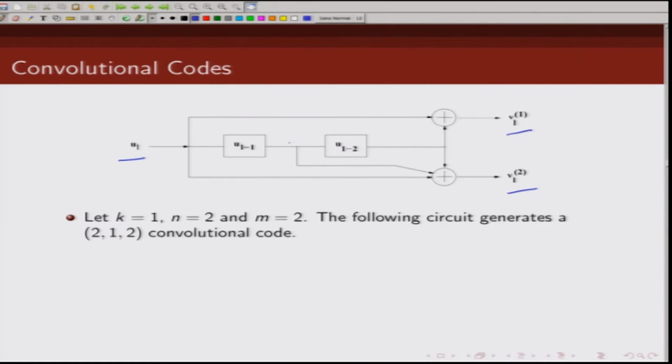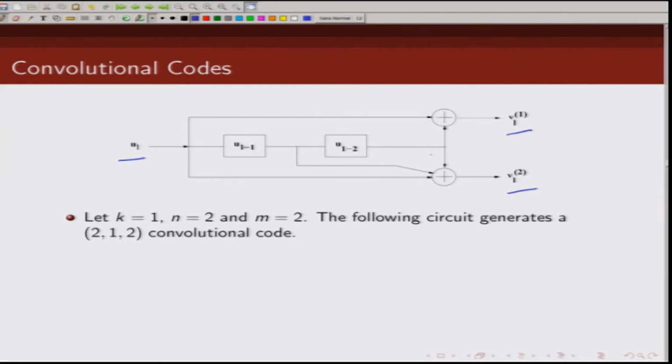It also depends on what u of l minus 1 was, what u of l minus 2 was. So, this is an example of memory order 2.